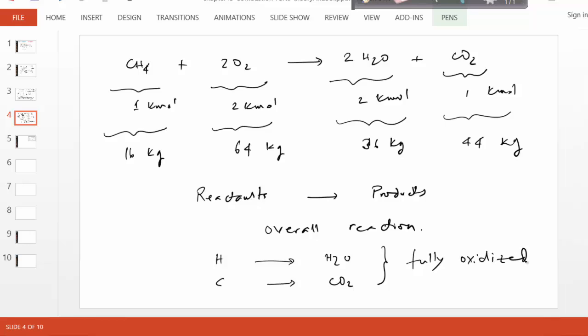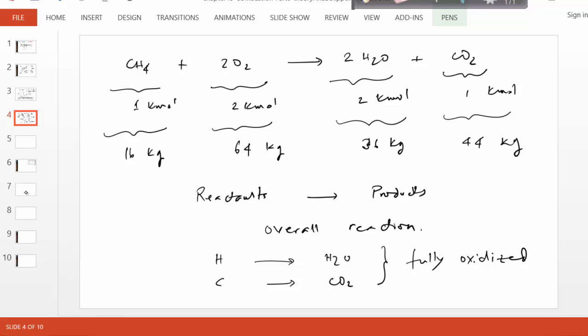When hydrogen is fully oxidized, it produces H2O, and carbon produces CO2. Of course, in this particular reaction, there could be some carbon monoxide or OH and some other compound, say hydrogen peroxide. In that case, this reaction is not called fully oxidized. A fully oxidized reaction is also known as complete reaction.